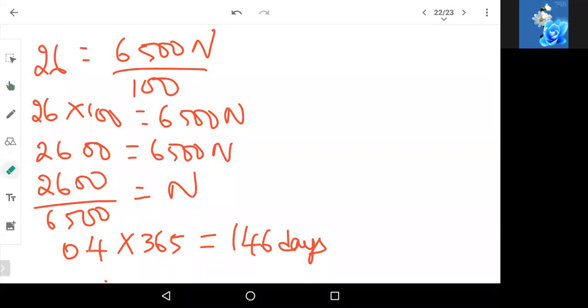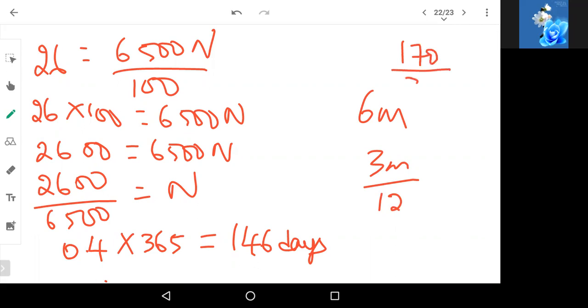Now we usually, if we get 6 months or 3 months, we take it by 12. If you get the number of days, say 170 days, we take it by 365. You will get 0 point something. So here we have got the point.